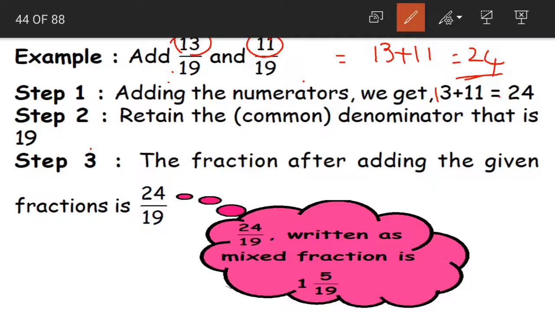A fraction will have a numerator as well as a denominator. Now what is the denominator here? What should it be? The given fractions have the same denominator 19. So the same denominator 19 will be given to our sum as well.